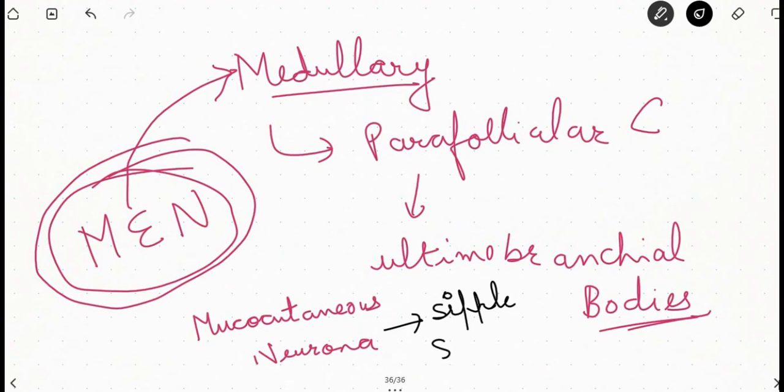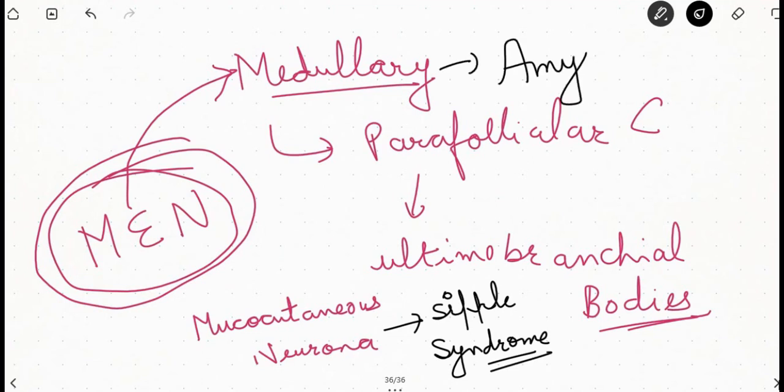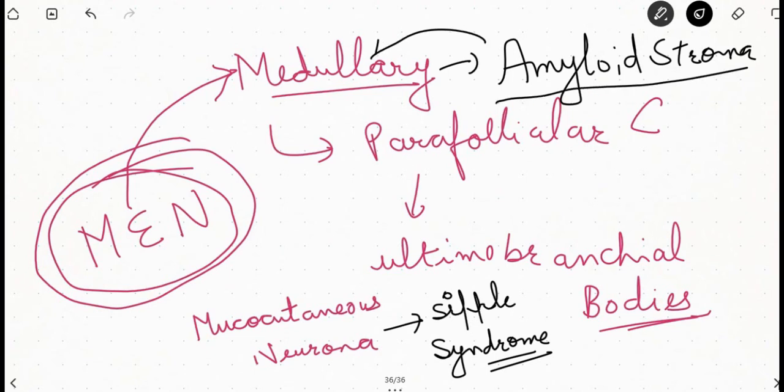Also, it has a characteristic of amyloid stroma. So which tumor has characteristic of amyloid stroma? It is medullary carcinoma. So what are the hormones that are produced by medullary carcinoma of thyroid?